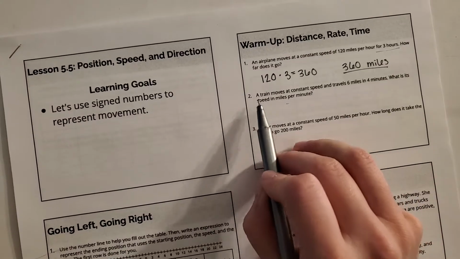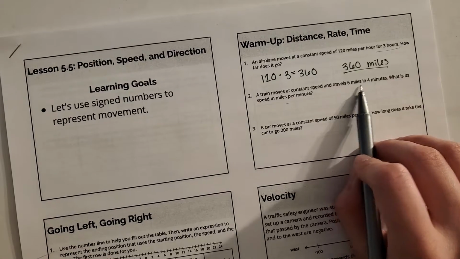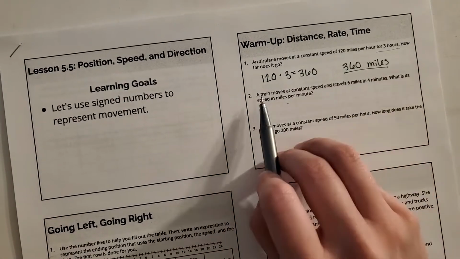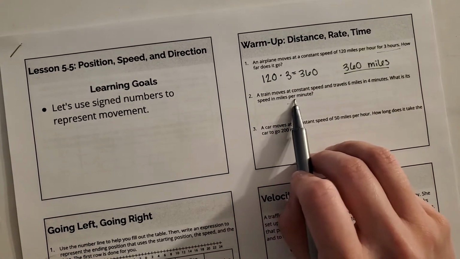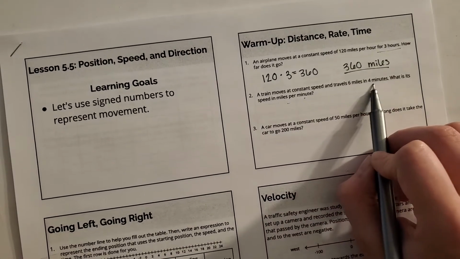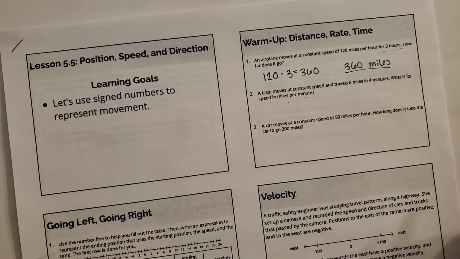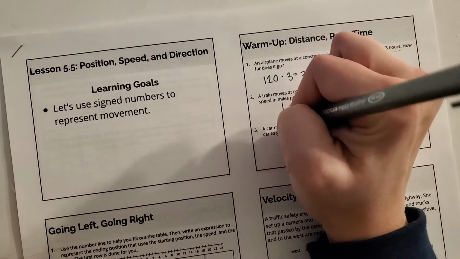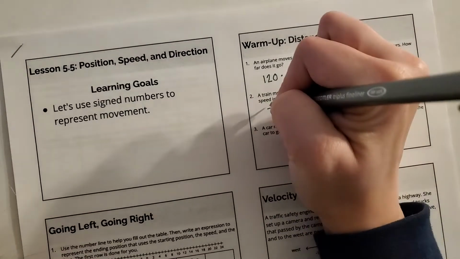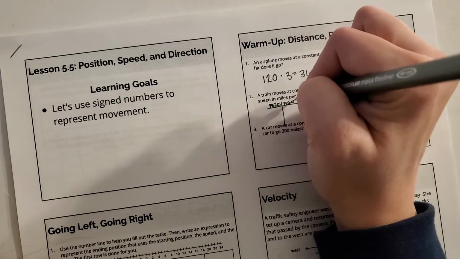The second problem, if a train is moving at a constant speed and travels 6 miles in 4 minutes, and I want to know the speed in miles per minute. Per means 1 minute, so I want to know in 1 minute how far it would go. Well, I can make a table where my table would be miles and minutes.